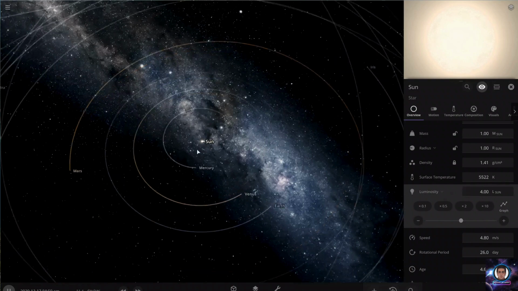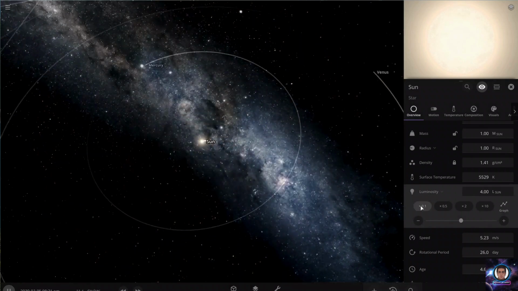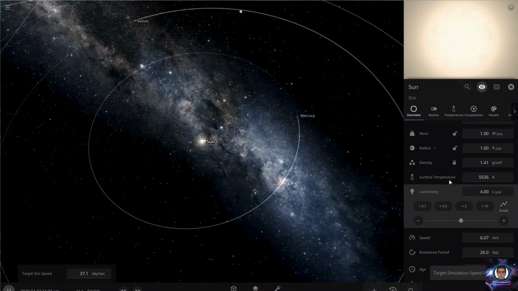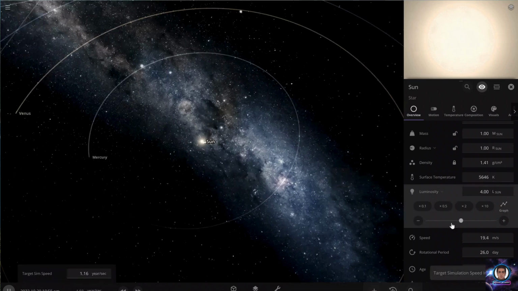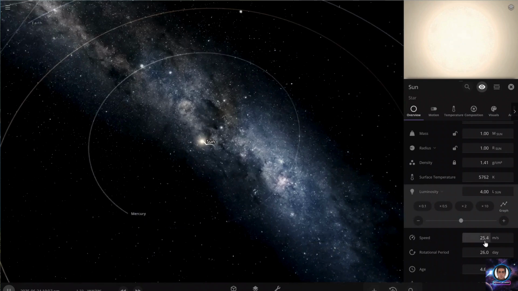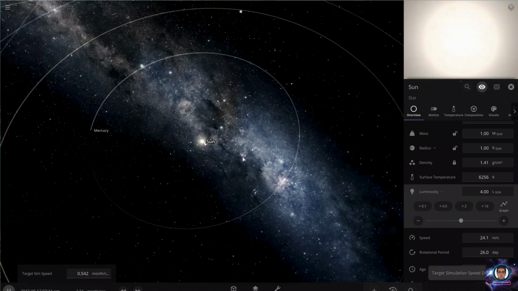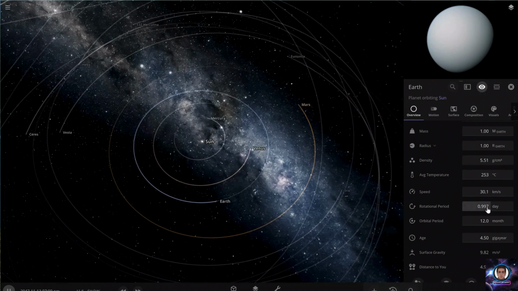You can see we have this luminosity parameter 4 times more, and the temperature started increasing. If I make the simulation faster, you can see the temperature is increasing. The surface temperature is quickly increasing, and in direct relationship the temperature of all planets would also increase.